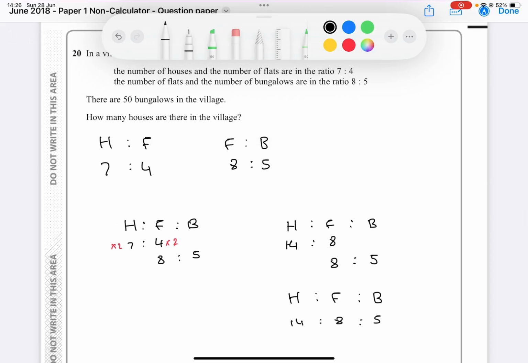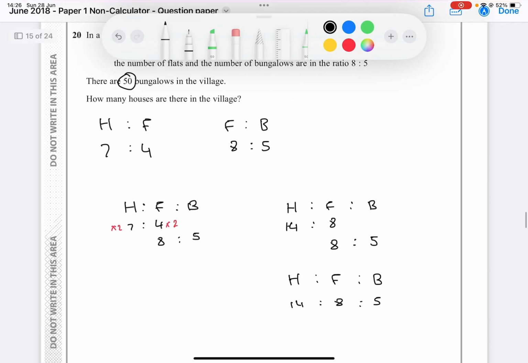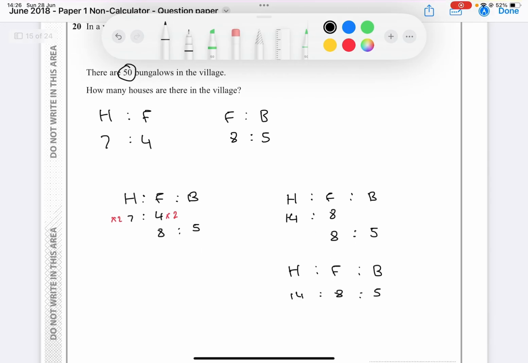Now, it says that there are 50 bungalows in the village. Remember, these ratios show us parts. So houses is 14 parts, flats is 8 parts, and bungalows is 5 parts.